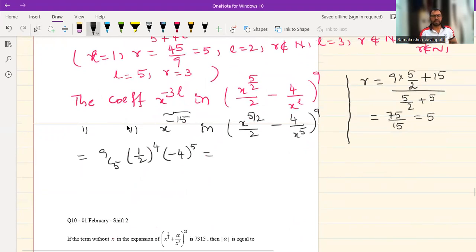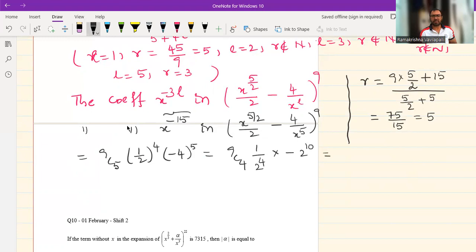So this is equal to 9C5, which is nothing but 9C4, times (1/2)^4 times (-2)^10.